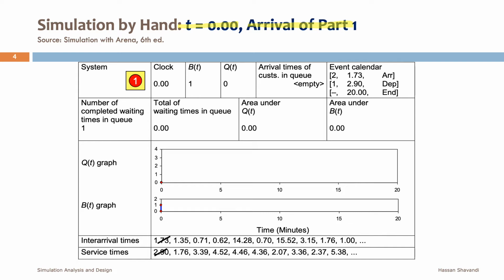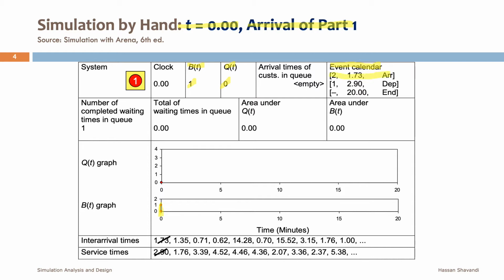So clock is 0, BT is 1, so the server is busy. There are no parts or customers in the line, so QT still is 0. And as you see here, in the BT graph, the value of BT jumps from 0 to 1 at time 0. And this is our new FEL, future event list.